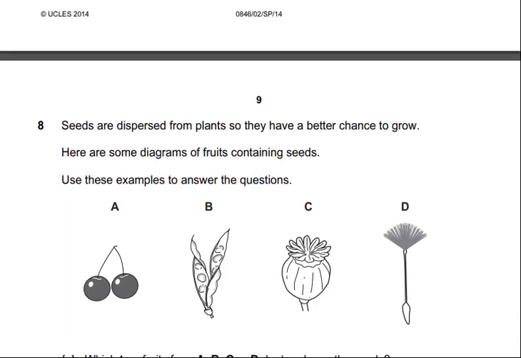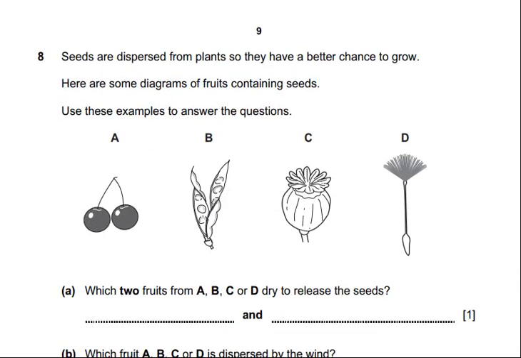Next page. 9. Question number 8. Seeds are dispersed from plants so they have a better chance to grow. Here are some diagrams of fruits containing seeds. Use these examples to answer the questions.